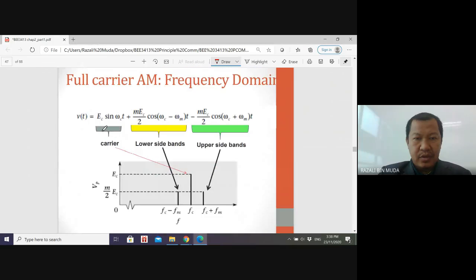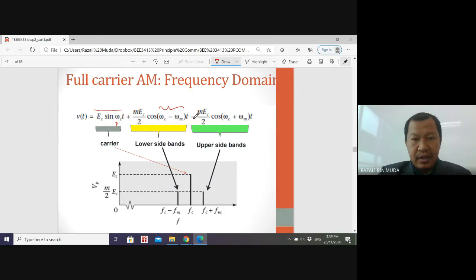Okay, so from that expansion, we got the carrier with omega c frequency, and we have m Ec over 2 cos (omega c minus omega m) t. So this is called a lower sideband frequency.